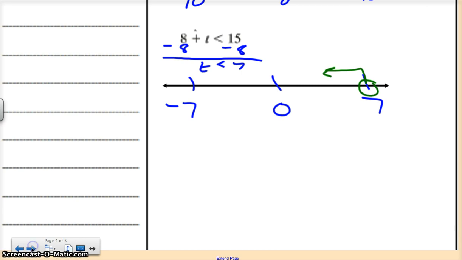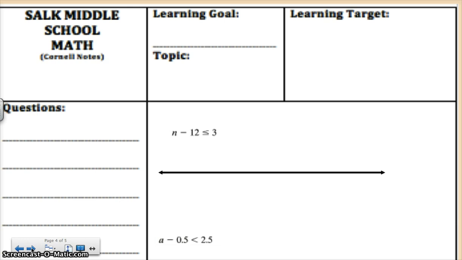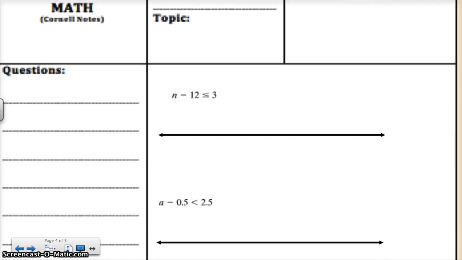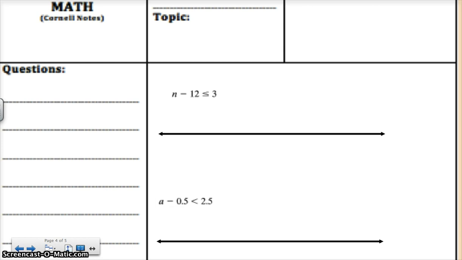Next page. Just 3 more examples of that. N minus 12 is less than or equal to 3. What do I need to do? Plus 12. I need to inverse operation it, right? Plus 12, plus 12. N is less than or equal to 15.